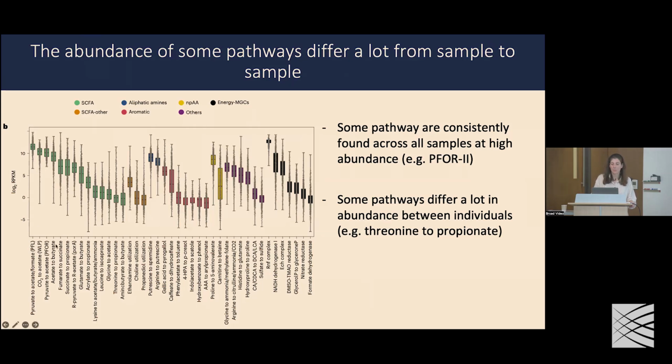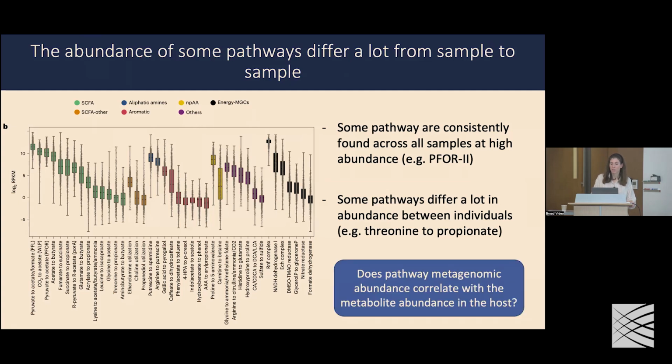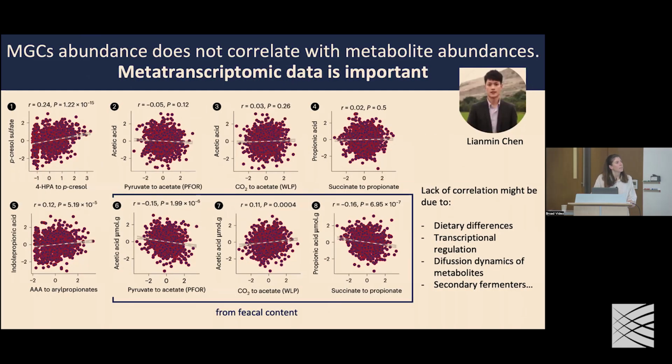And this made us question whether the metagenomic abundance would correlate with the metabolite abundance. Because if we have such differences, maybe we could see those differences also in the metabolite concentration. This is work that was done together with Lianmin Chen.